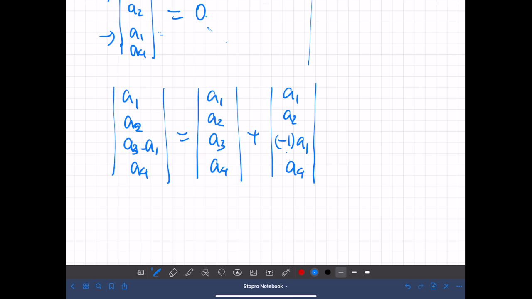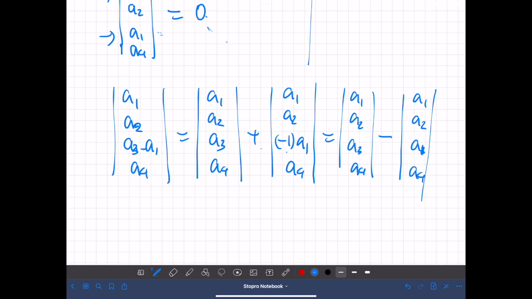And we can put this negative 1 out: the first determinant minus A1, A2, A1, A4. Now we have these two rows in common, so this part should be equal to 0. Therefore, this determinant is actually equal to the original matrix determinant.